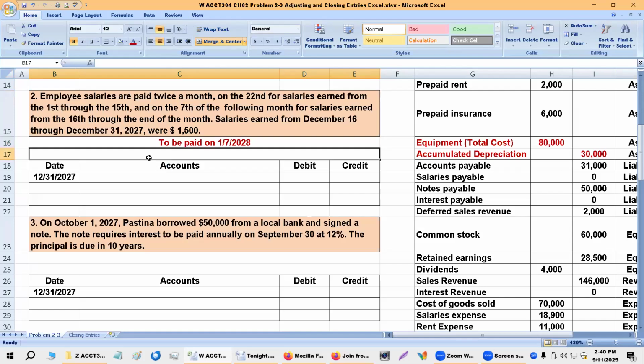Okay, so that's going to be paid on, so there is no cash. The cash will be paid on that date. So we haven't paid any cash yet, and again, these entries do not have cash. What do you think the journal entry is going to be for that?